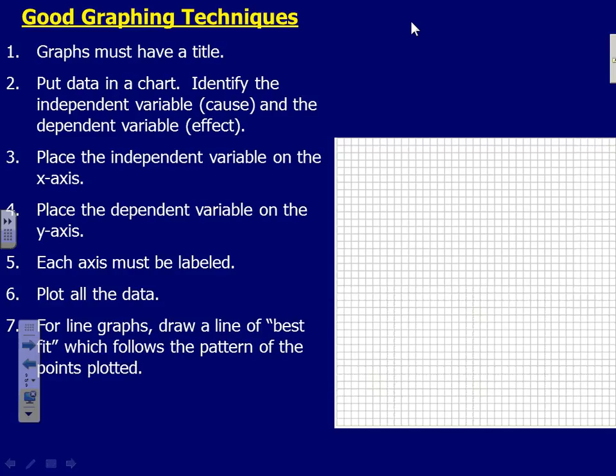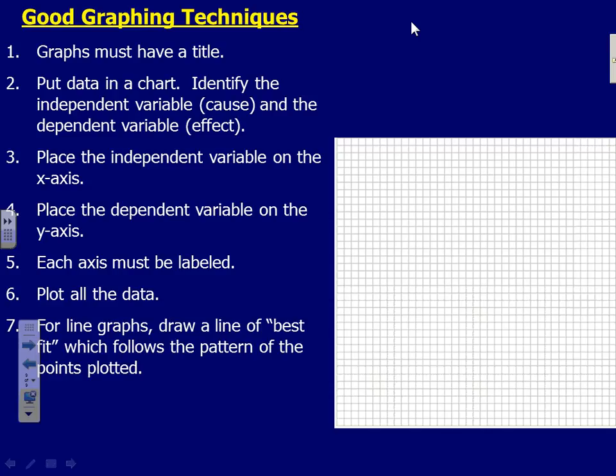Good graphing techniques. Graphs must have a title. Titles are easy. Don't get crazy creative. I find sometimes when biology is doing a graph, they'll have a crazy long title, like, a graph representing the mating rituals of a gray whale during the period of June to July.